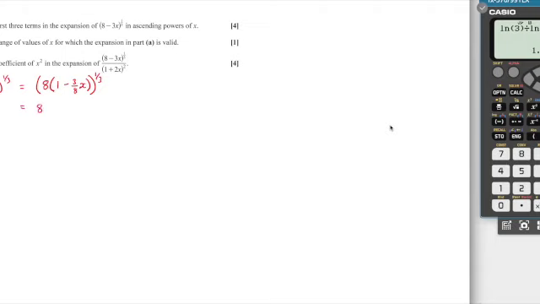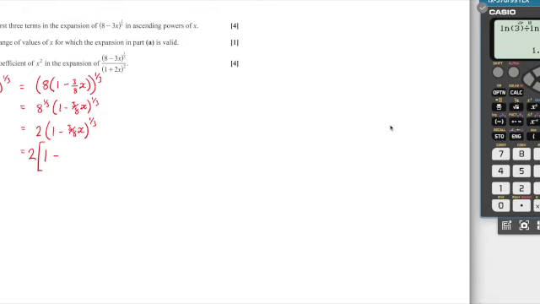That power third can be applied to both of those things in there, so that could also be 8 to the third, 1 minus 3/8 x to the third, which, the cube root of 8 is 2 lots of 1 minus 3/8 of x to the third. So this is going to be 2 lots of 1 plus nx.